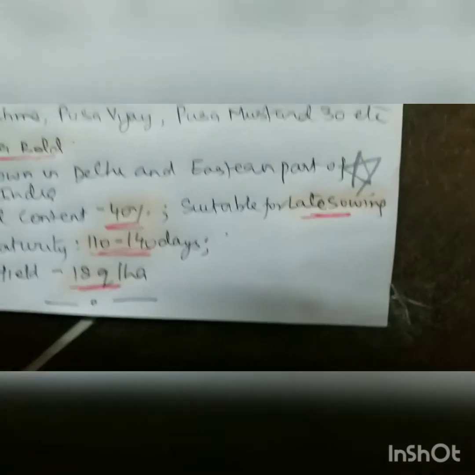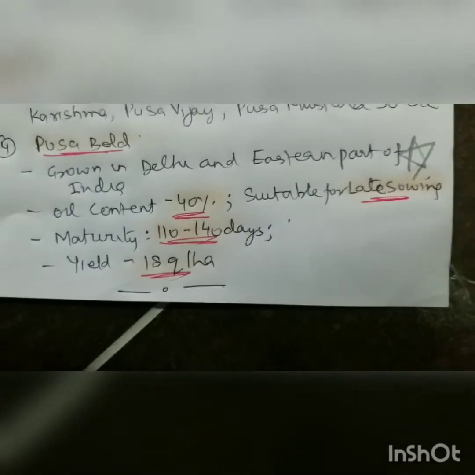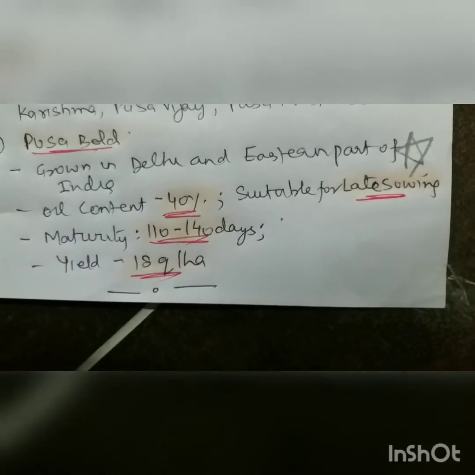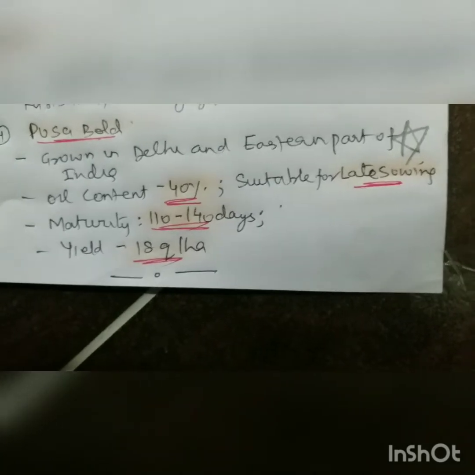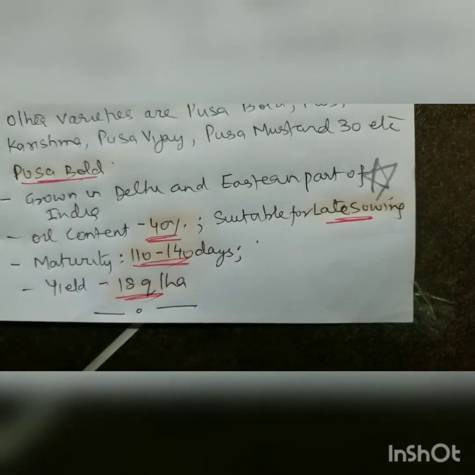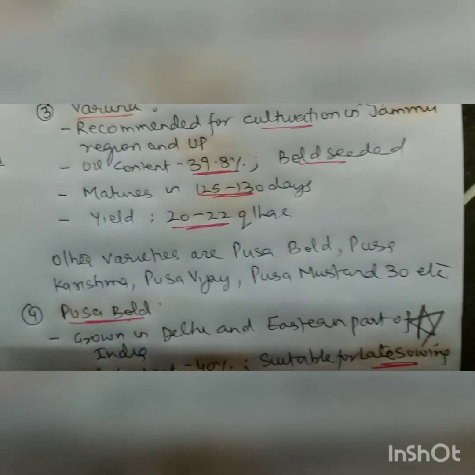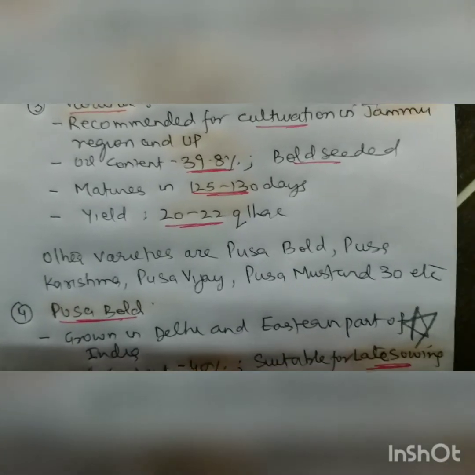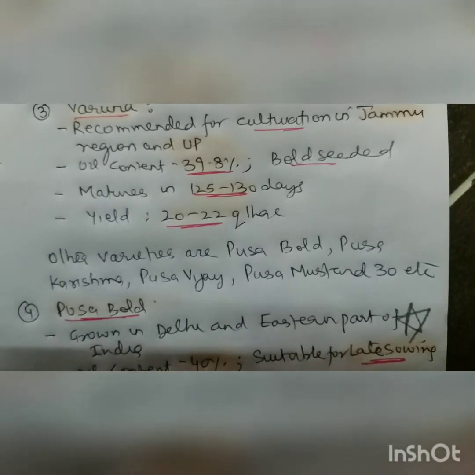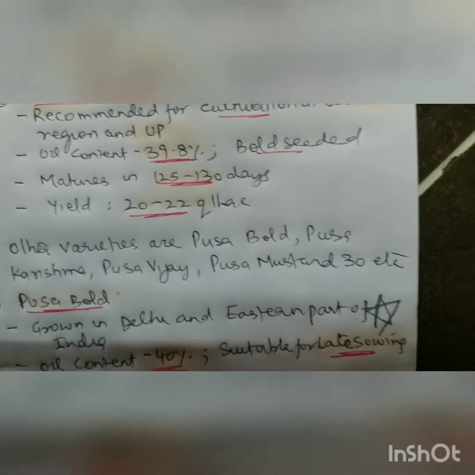Same as Pusa Jai Kisan, and 110-140 days. Maturity is also roughly the same, and yield is 18 quintals per hectare. Other varieties besides these are Pusa Krishma, Pusa Vijay, Pusa Mustard 30, etc.